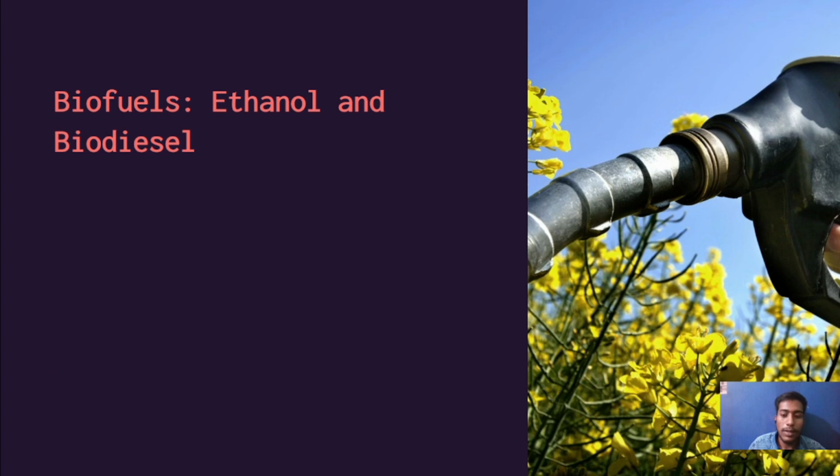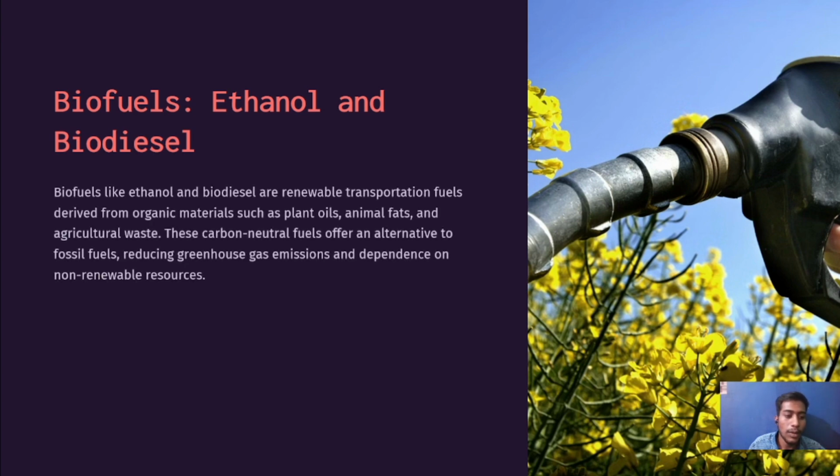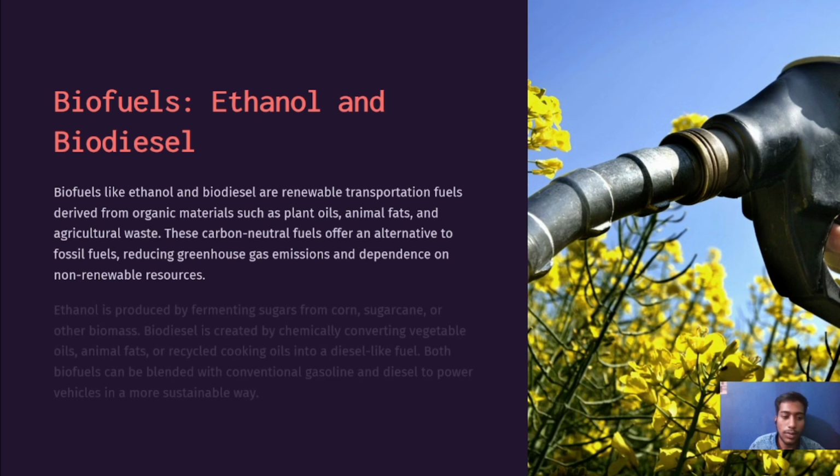The next is biofuels. As we said in the agenda, mainly we'll be discussing two biofuels. One is ethanol and another is biodiesel. Biofuels like ethanol and biodiesel are renewable transportation fuels derived from organic materials such as plant oils, animal fats, and agricultural waste. These carbon neutral fuels offer an alternative to fossil fuels, reducing greenhouse gas emissions and dependence on non-renewable resources.